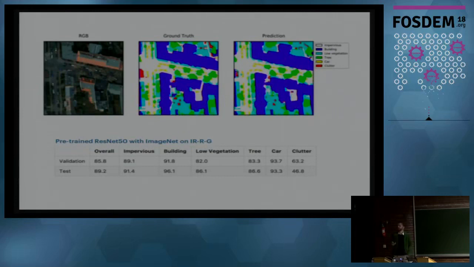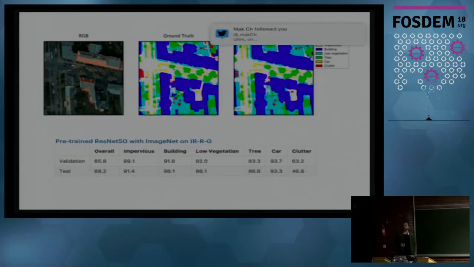The target is to let it predict, after training, what it sees itself. There is a slight difference between the two, but the prediction is not that bad.